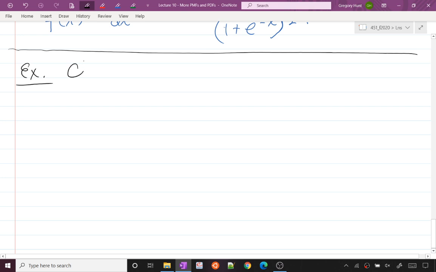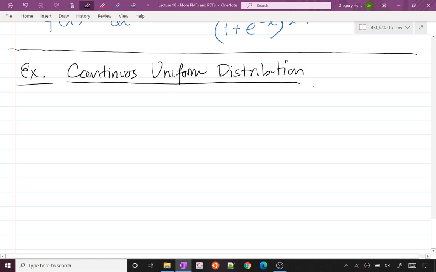The simplest continuous random variable is called the continuous uniform distribution. We say distribution as in how the probability is distributed over the space. In parentheses, this is going to be on the unit interval 0 to 1.